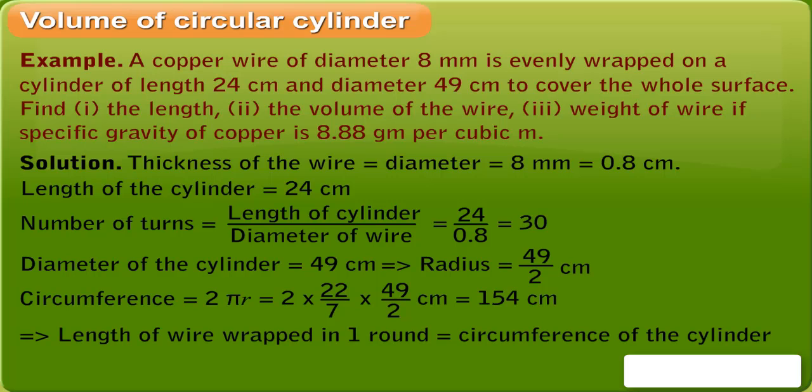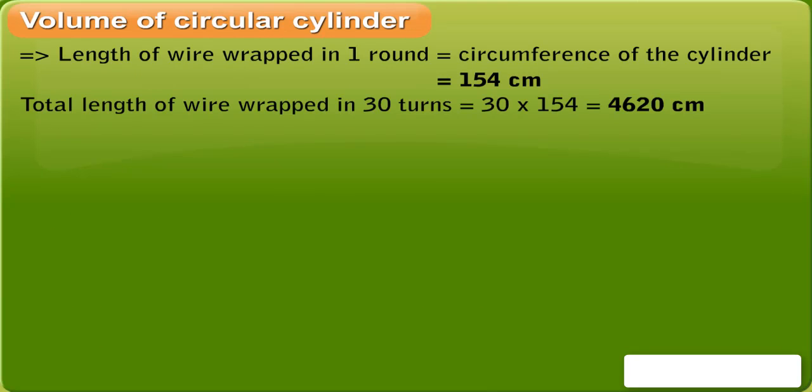This implies length of wire wrapped in one round is equal to circumference of the cylinder, which has been calculated as 154 centimeter. Therefore, total length of wire wrapped in 30 turns is equal to 30 into 154 is equal to 4620 centimeter.